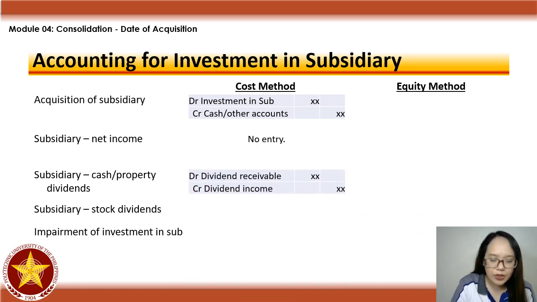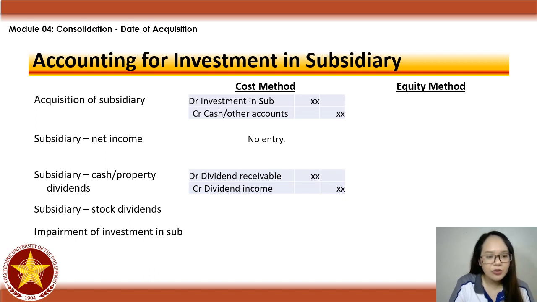Kapag si subsidiary nag-declare ng cash or property dividend, syempre makaka-receive ka ng dividend. So, entry will be debit dividend receivable, credit dividend income. So, nagkaroon ka ba doon ng effect sa investment in subsidiary account? No. It will be still unchanged.